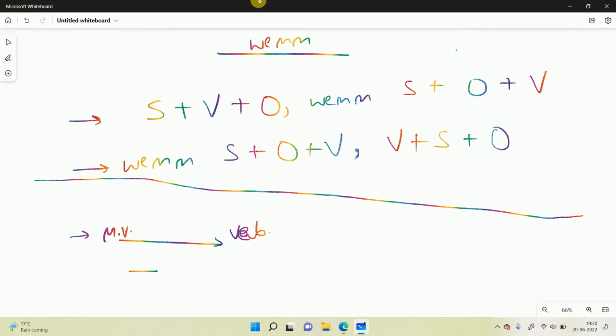It will be something like this: S plus modal verb plus object plus verb, right? And then comes when, and then S plus object plus verb plus modal verb.